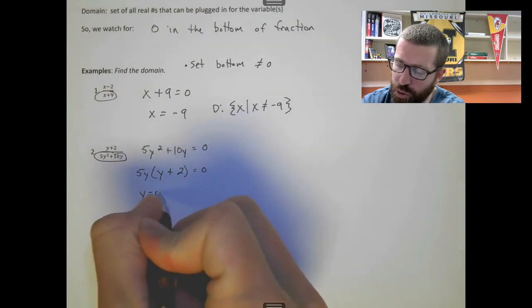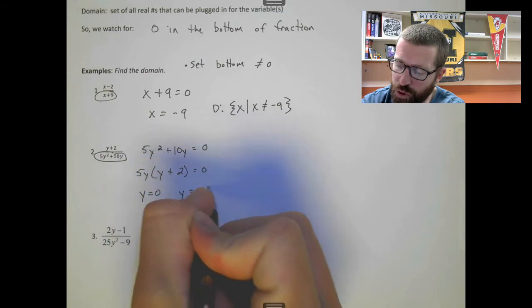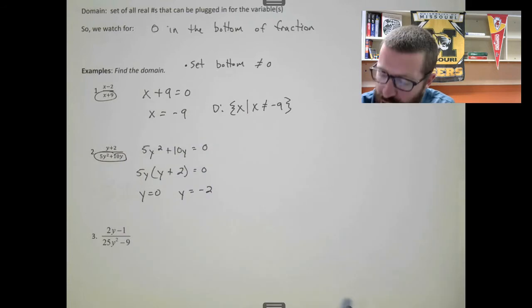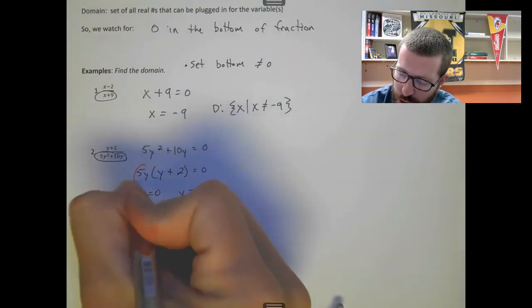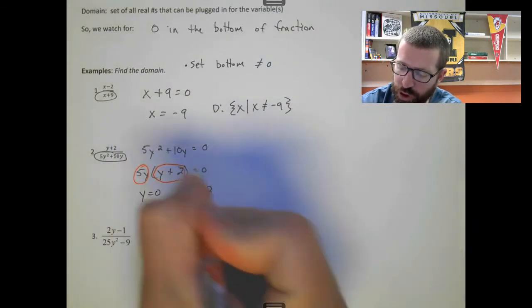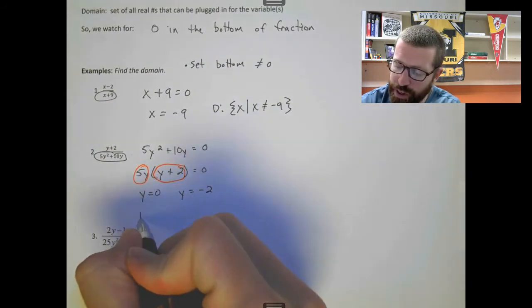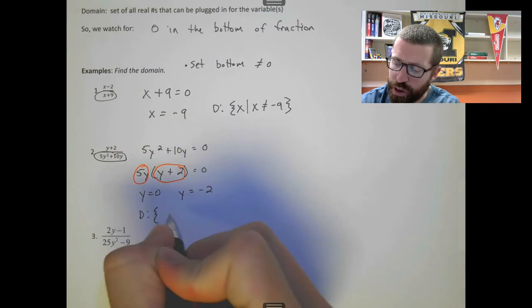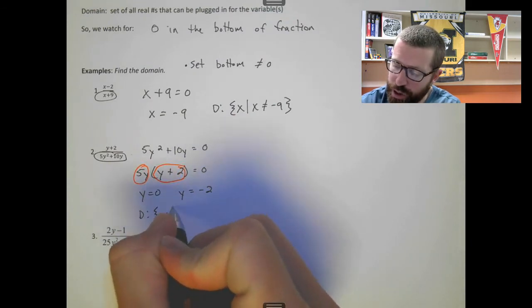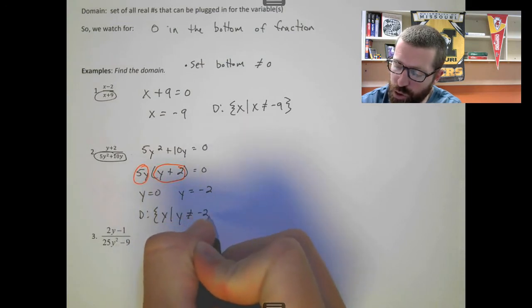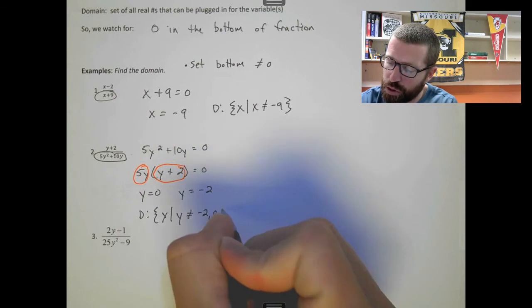And so y is equal to 0 or y is equal to -2. And let's kind of talk about that. That comes from setting this equal to 0 and then setting this equal to 0. And so your domain is y such that y cannot be -2 or 0.